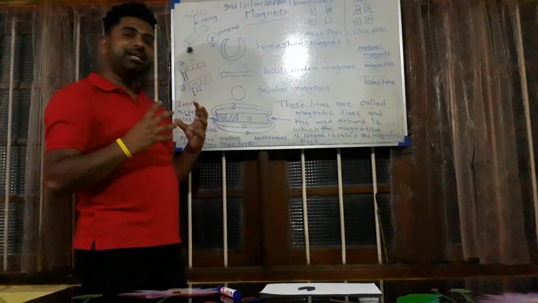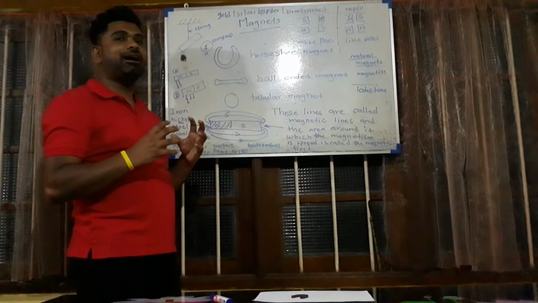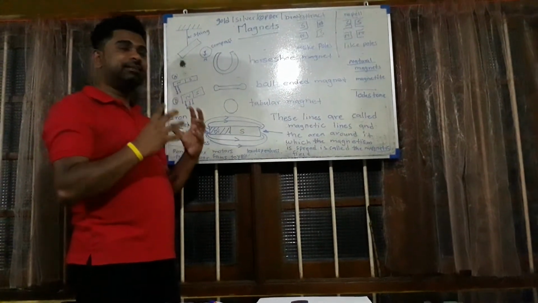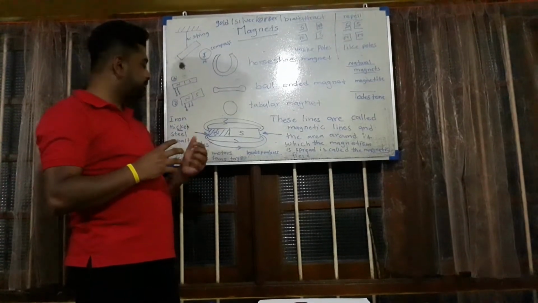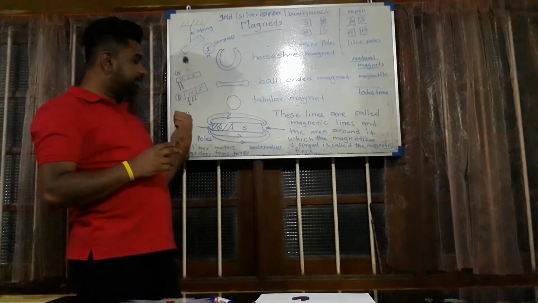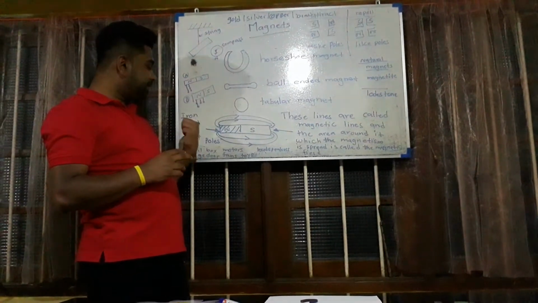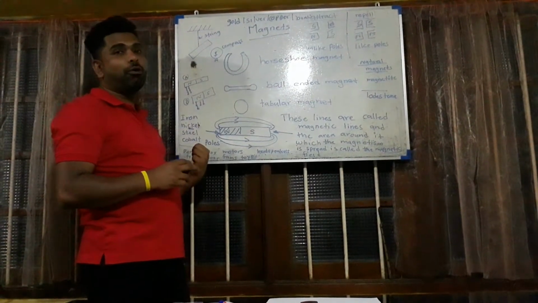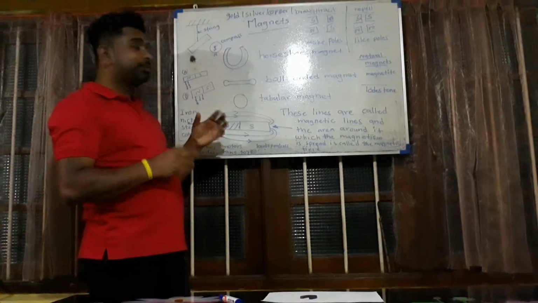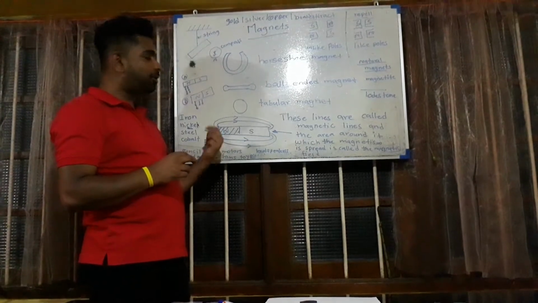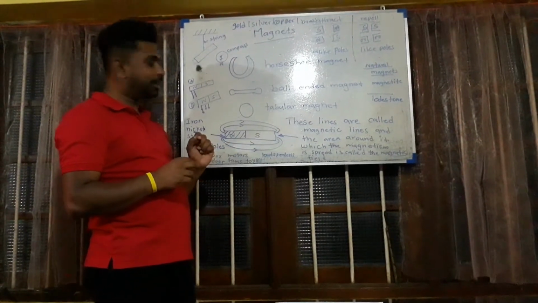Then man-made magnets which are called artificial magnets. The man made these artificial magnets using iron, nickel, steel, cobalt. So the magnet has two poles, north pole and south pole, right?